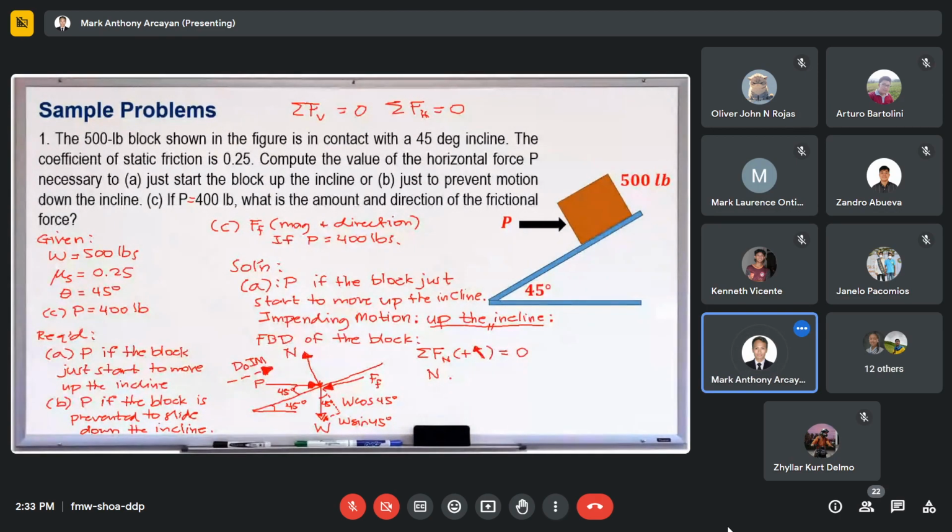So we have N minus W cosine 45 degrees, minus because its normal component is downward.